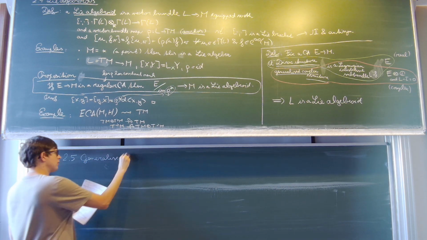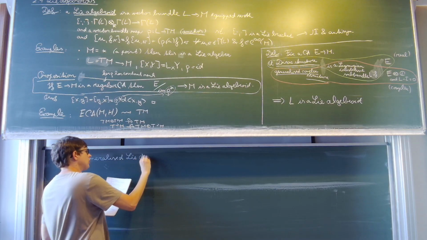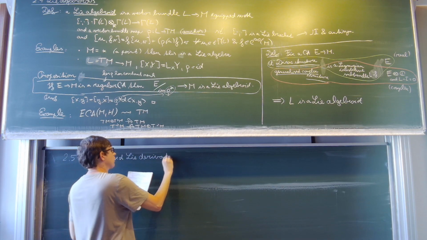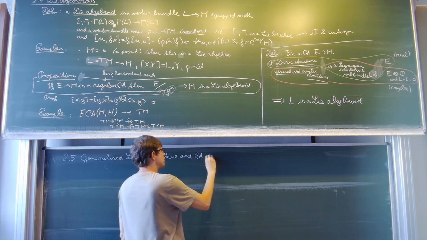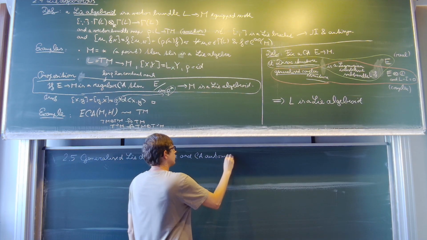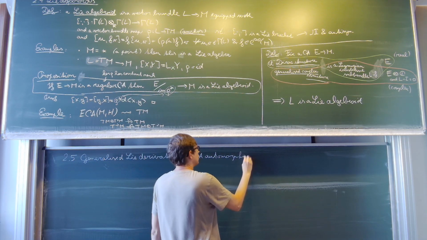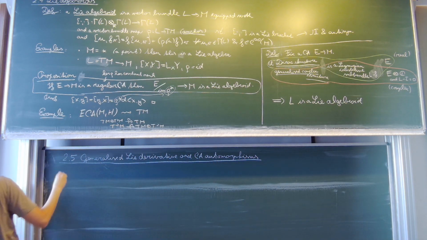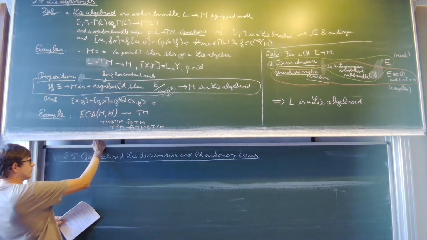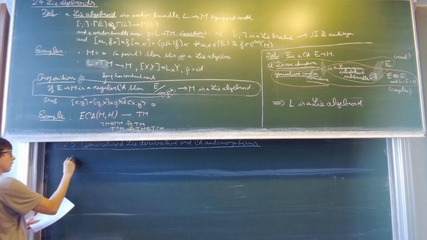Let me call this part generalized Lie derivative and Courant algebroid automorphisms. And let me start easily, by saying what this generalized Lie derivative is.